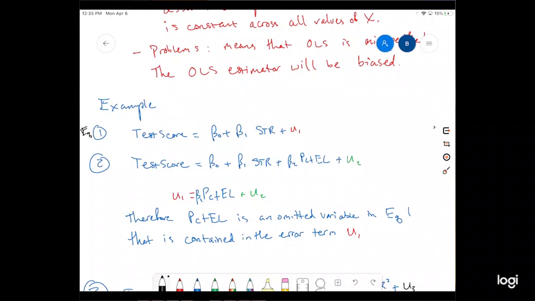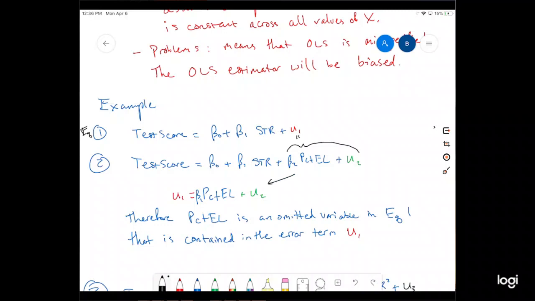Equation 2 is going to be test scores regressed on student-teacher ratios and percent English language learners in the class with an error term U2 in green. And we know that U1 then contains percent EL, or the percent of English language learners in the classroom. So U1 is actually just, in our previous example, this whole thing here. It's going to be beta 2 times percent English learners plus U2 in green. So that's what we have down here.